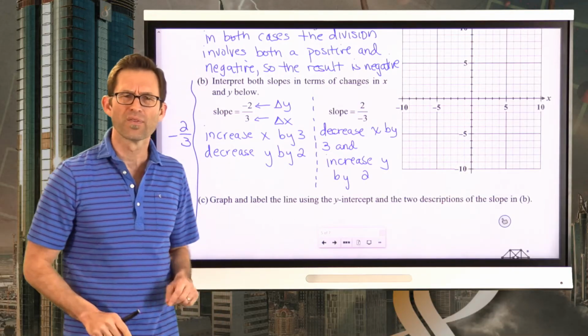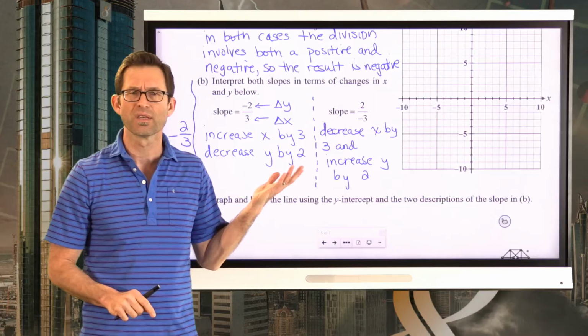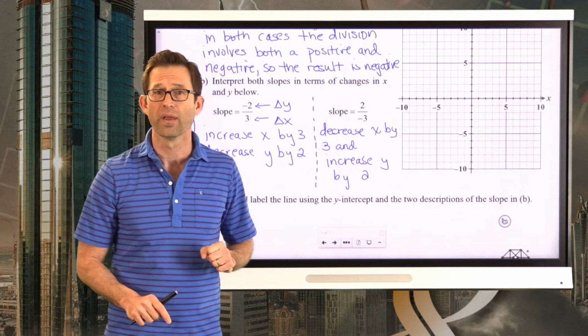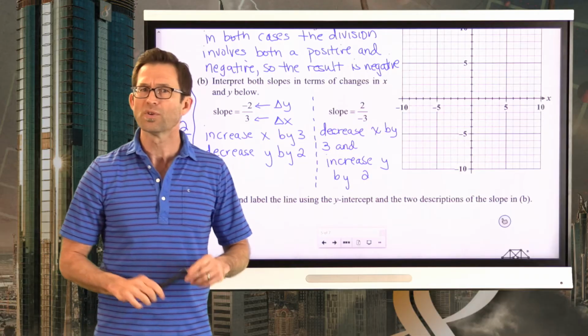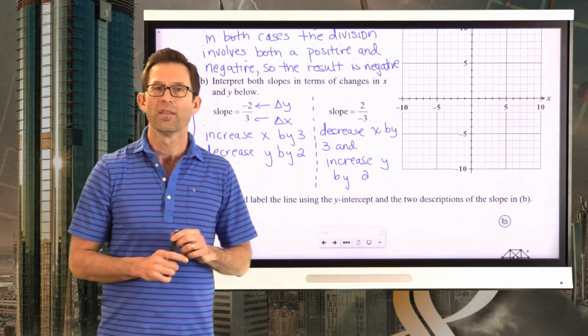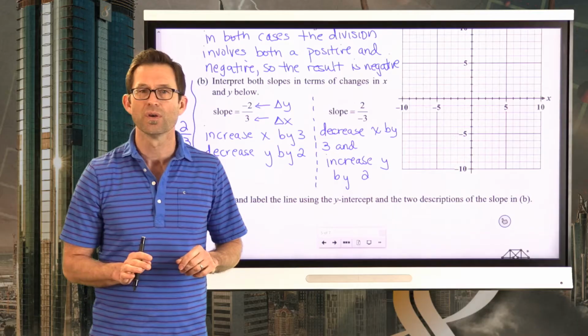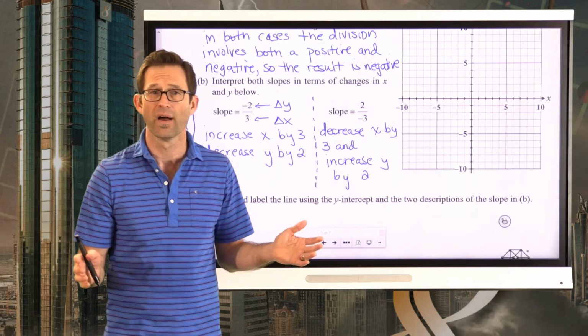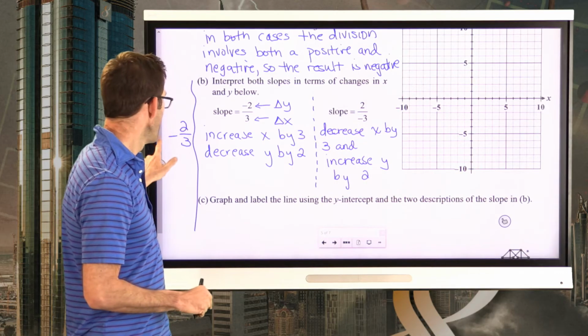So I can either think of the slope as increasing x by 3, decreasing y by 2, or decreasing x by 3 and increasing y by 2, which is odd because one would think those two different interpretations would give completely different lines or graphs of lines, and yet they don't.